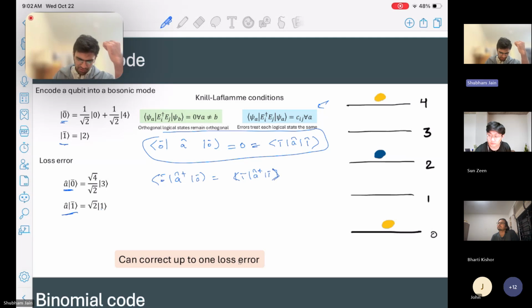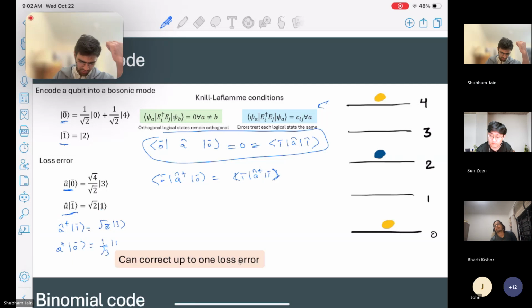For this, maybe I'll write this down again. Equals root 3, 3, and equals 1 plus square root 5 over square root 2, 5.